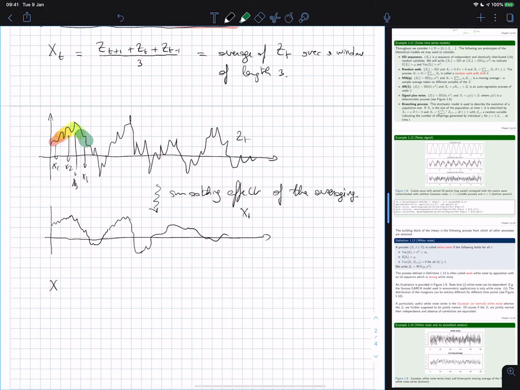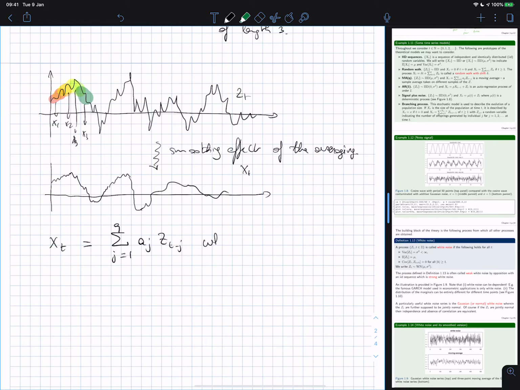And more generally, you could consider moving averages of the form sum for j going from 1 to q of a_j Z_{t-j}, where the a_j's are some fixed sequence of weights.